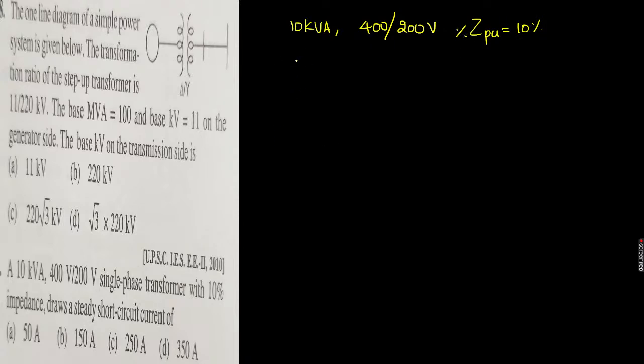In order to calculate the short circuit current, first calculate the actual current. Actual current means actual kVA rating divided by actual voltage, that is 10,000 divided by 400. If I cancel it, I get 100 divided by 4, which becomes 25 ampere.